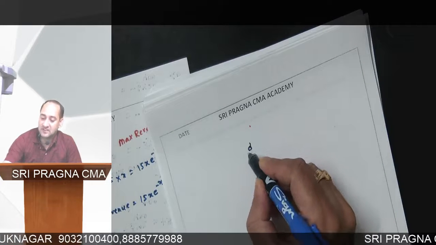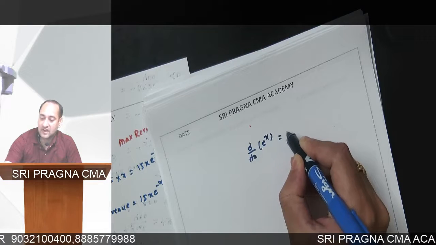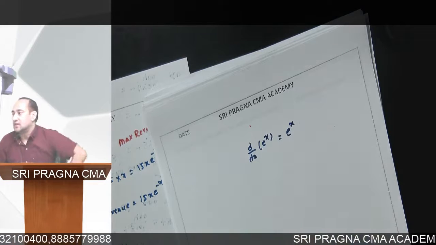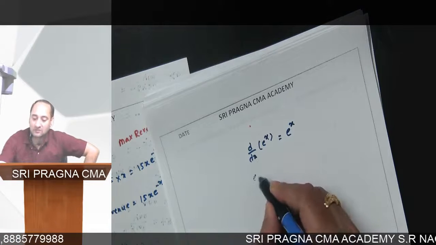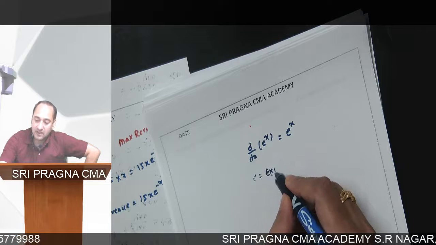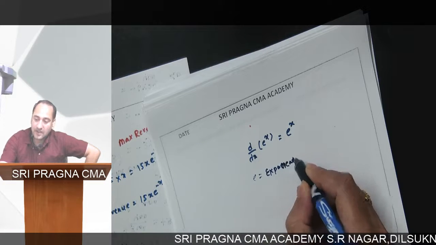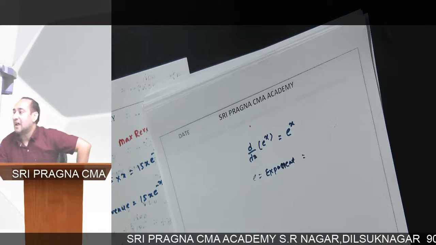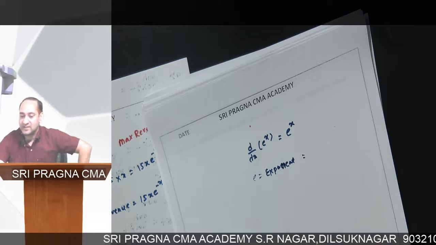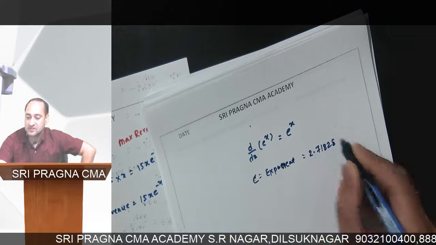When we do the differentiation of e to the power x, we write e to the power x only. E stands for exponent.